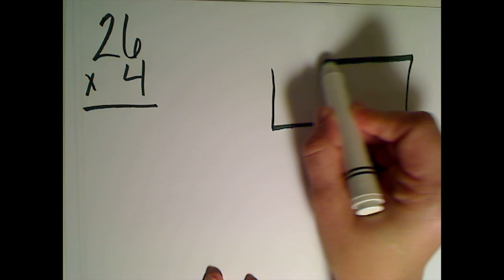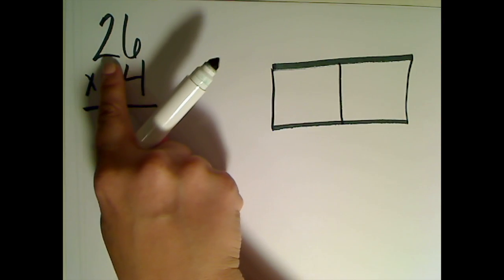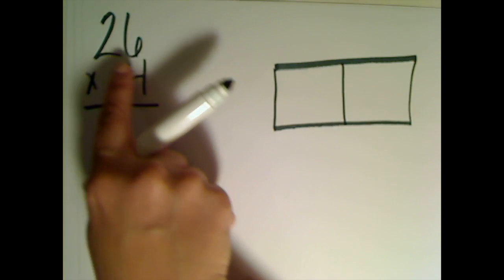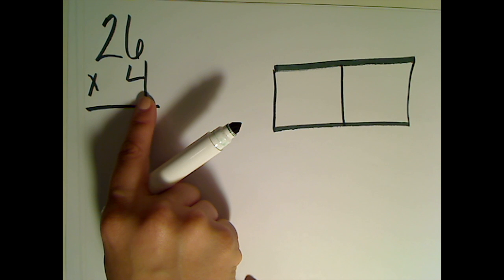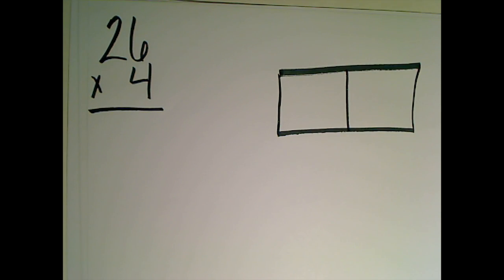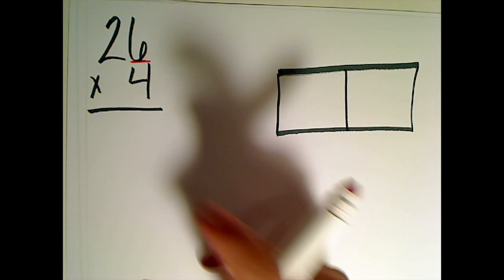Here we go. Our top factor is a 2-digit number, and our bottom factor is a 1-digit number. So we're just going to draw a box like this, split it in half. Let's go to the ones place in 26.